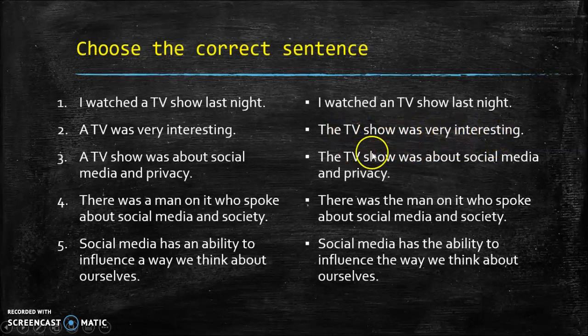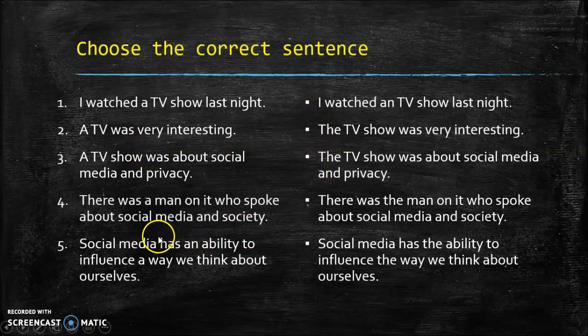This is the correct one. Number three, the TV show was about social media and privacy. Right? Because we have the first time we used a, and the second and later time we used the.